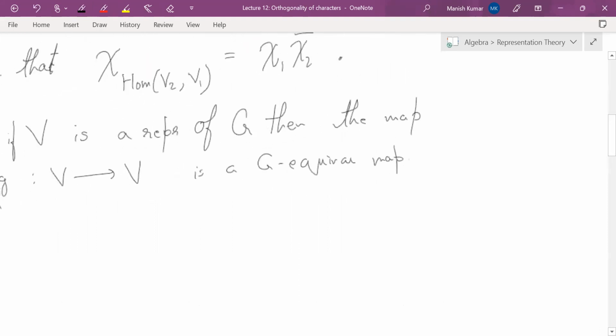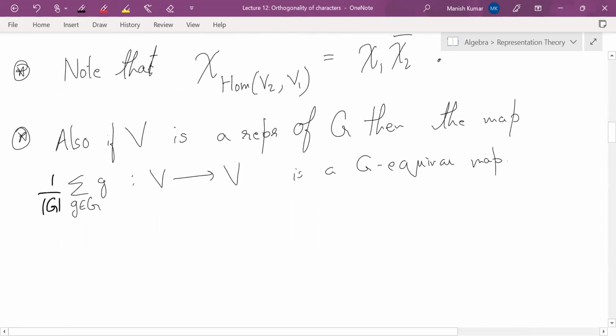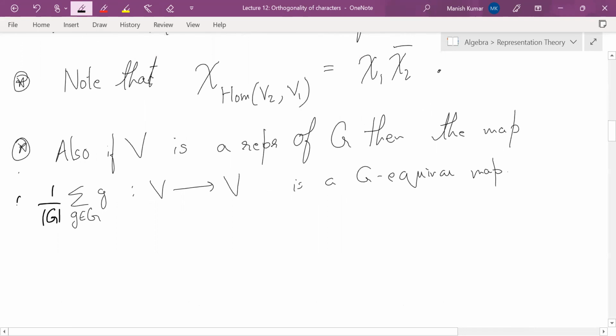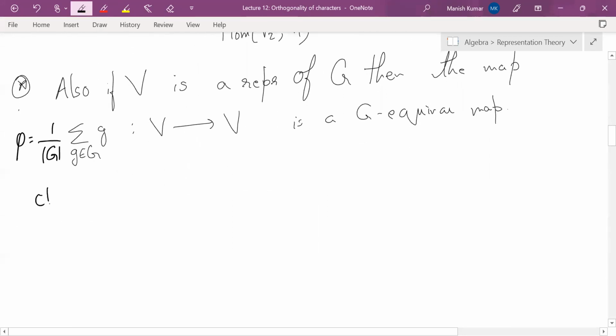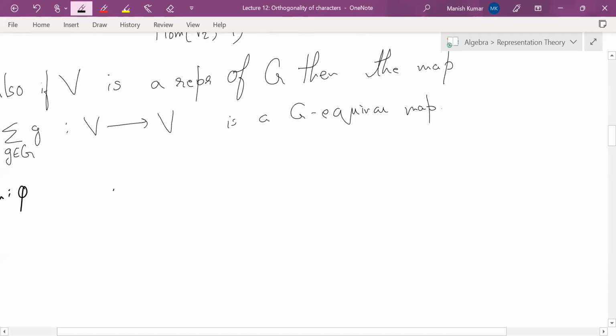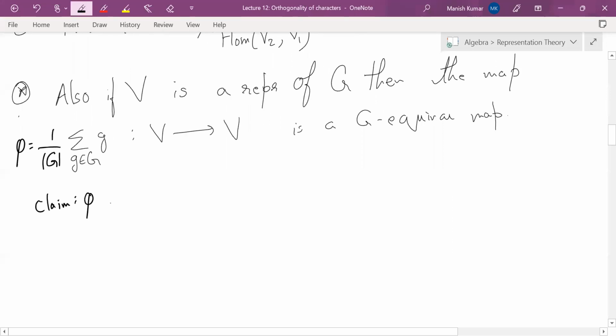Let's call this map phi. Then the claim is that phi is actually a projection map onto, so let's just think about what is the image of phi.